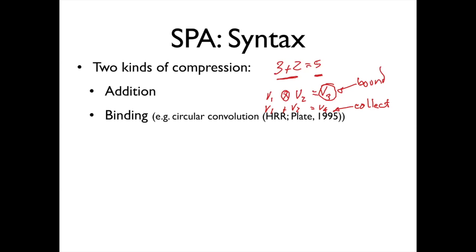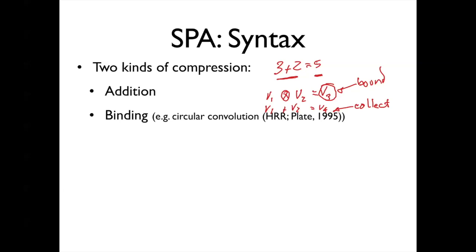And by collected and bound, essentially what we mean is we're identifying different relationships between the output, v3 and v4, and the input in each of these cases. So specifically for bound vectors, the dot product between the output and both of the inputs we'll think is close to 0, so it's essentially orthogonal.